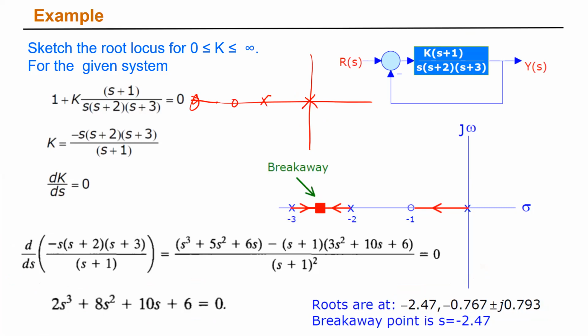It will start from here, come here, and then it will break. The number of poles equals the number of zeros, so no part of the locus will go to infinity. It will terminate at the zero. So this will go in this direction, and come in here.